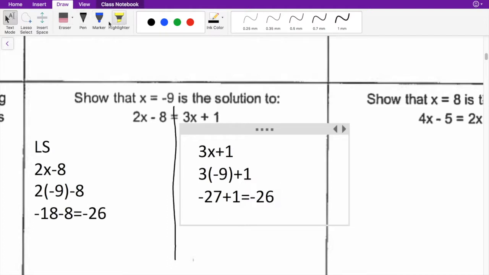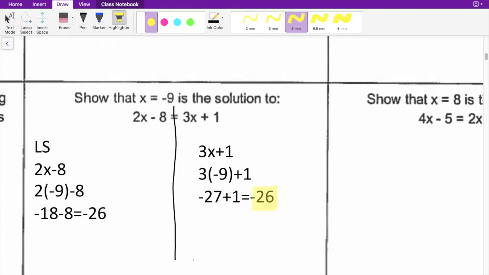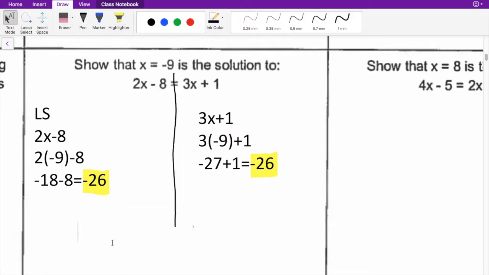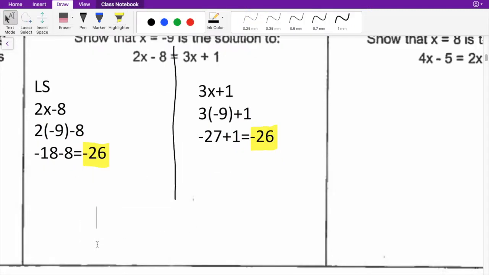So since we have the left side equal the right side, we know that, instead of writing therefore and having you guys watch me every time, I'm just going to go TF. So we have left side equals right side.